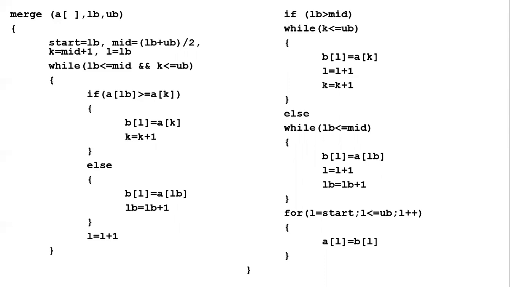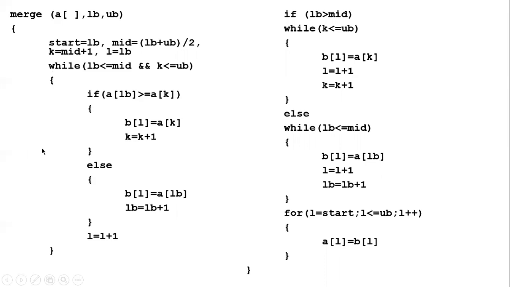If B array gets some content, its subscript is bound to be increased. Okay, so now in this way this while loop will work.